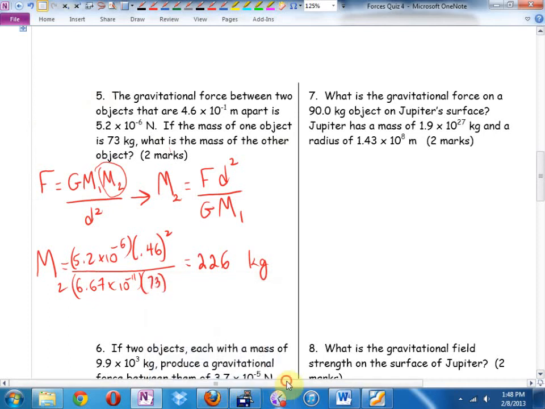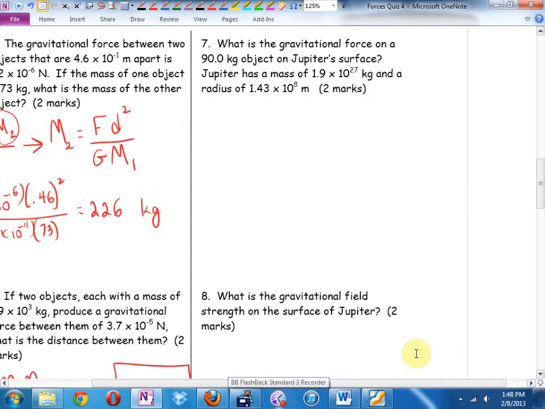Number 7. Oh, speaking of other planets, let's go to Jupiter. And you notice, even without thinking about it, I went to the planetary one. Big M, little m over r squared.